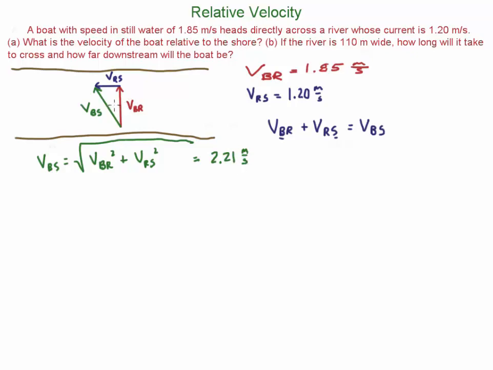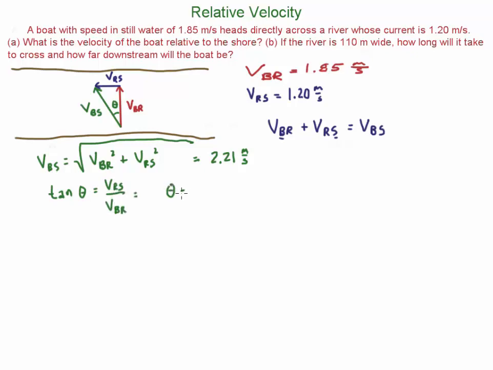But since we're talking about velocity, we need to know the direction as well. And so there's an angle here that we are trying to find. And what you might be able to see here is that if you look at this angle, that's the opposite side, that's the adjacent side. So the tangent of that angle will be the ratio of V_RS over V_BR.